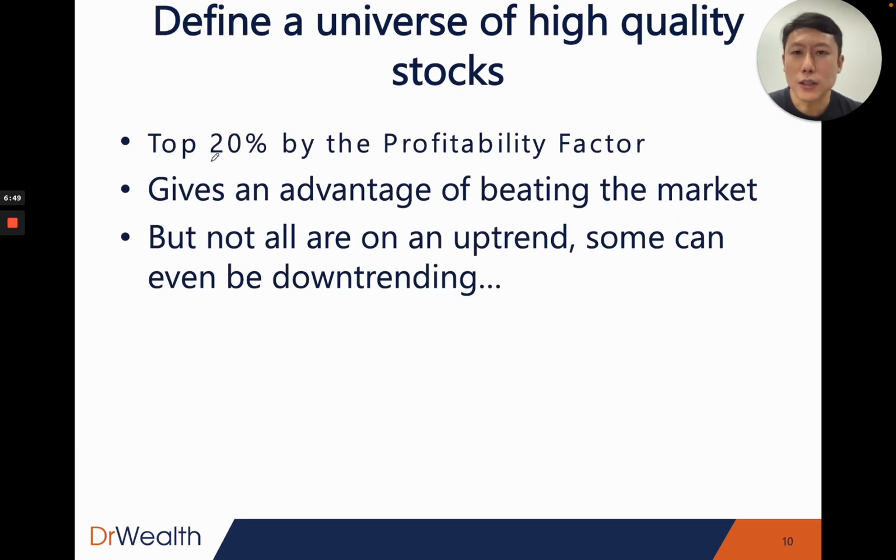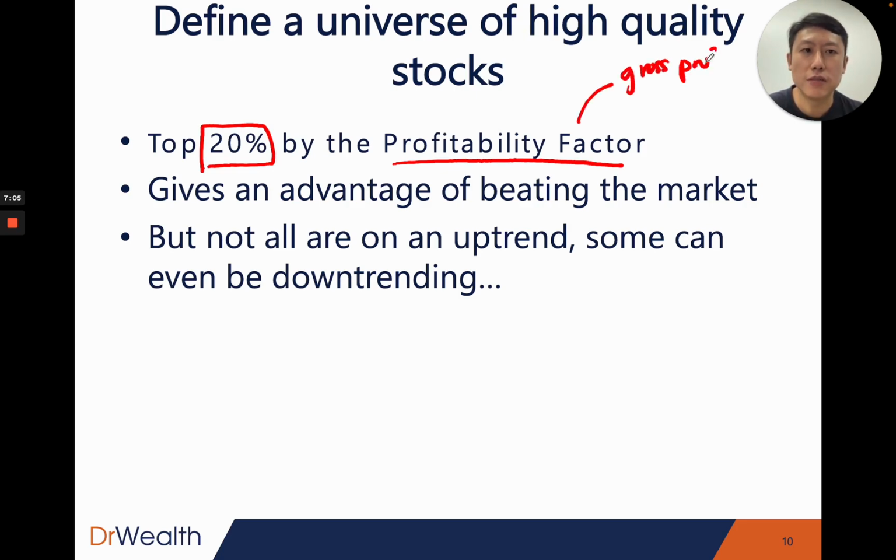Okay, so what stocks to buy? We will do some filtering, using a more quantitative method because factor investing itself is a very quantitative approach. And we want to find the top 20% of stocks by profitability factor. As I mentioned just now, the formula is gross profit divided by total assets. Okay, so that is the formula that we are using.